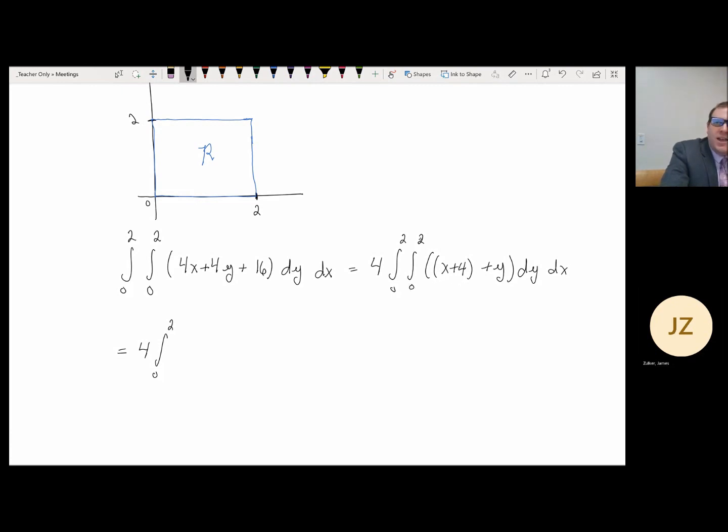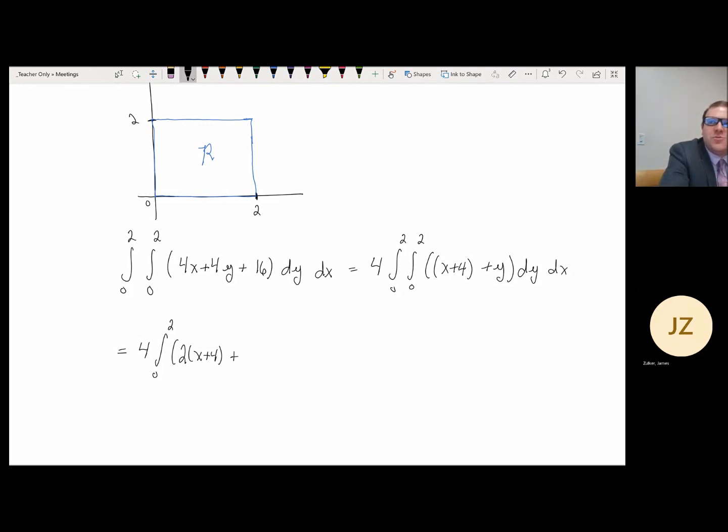There's going to be that constant times upper minus lower, which is just 2. Plus a half y squared from 0 to 2.